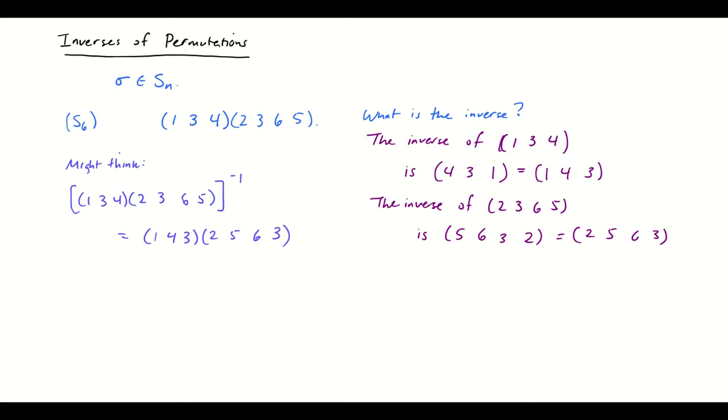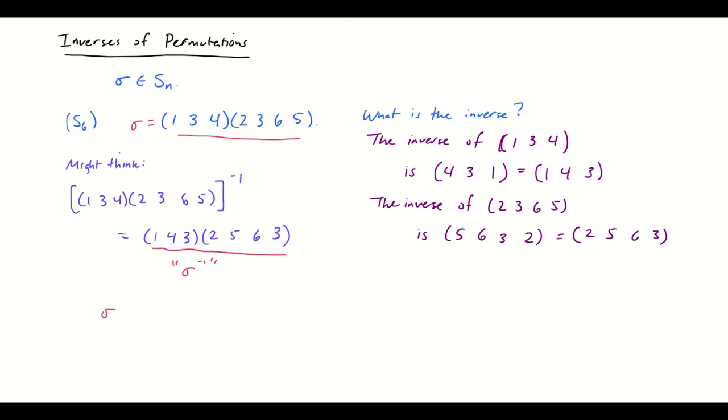But I'm not sure, so I'm actually going to check this by writing down each of these permutations, both the original, which we'll call sigma, and this one, which I think might be sigma inverse, but I'm not sure. I'm going to write each of those using disjoint cycle notation and see if they still look like their inverses.